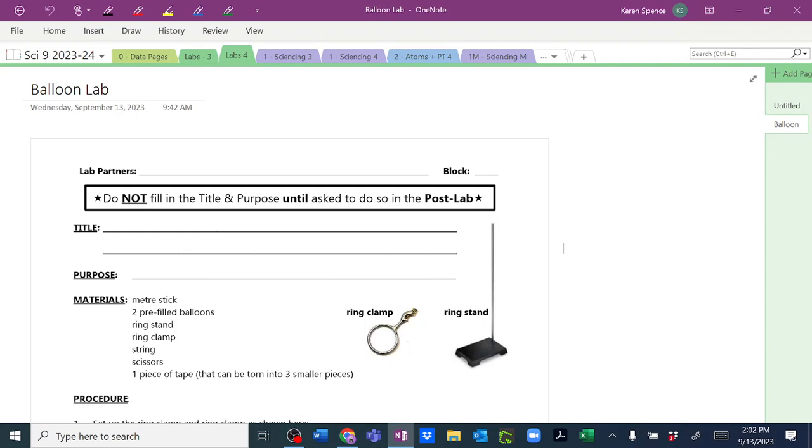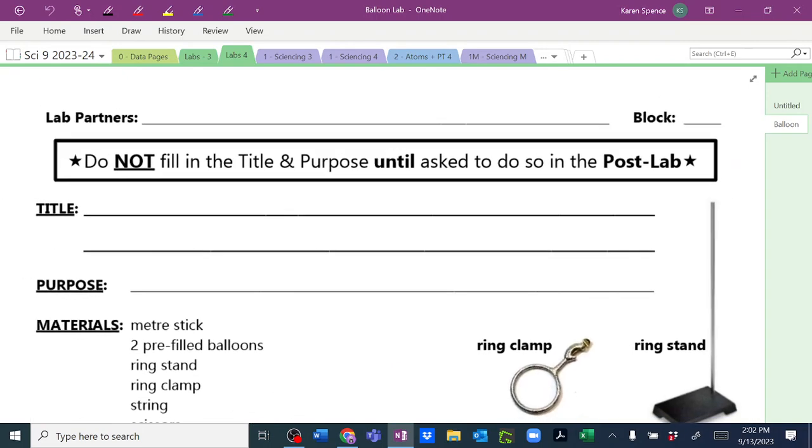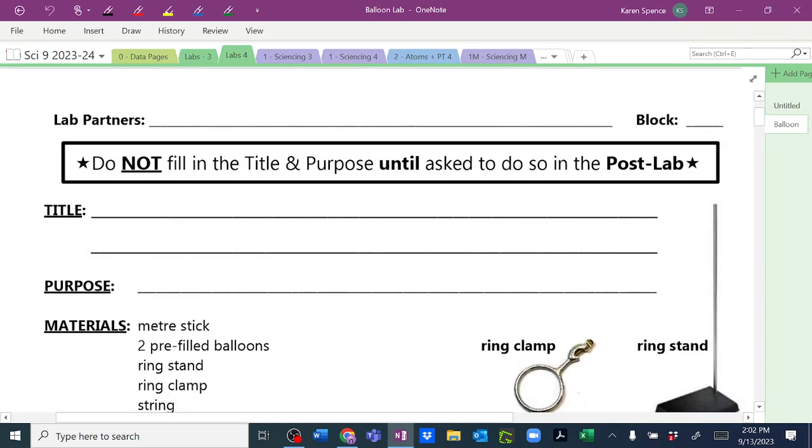Now, in the lab, I would like you to take a look at the box at the top. What does it say? It says, do not do what? Do not fill in the title and purpose until asked to do so in the post lab, because you need to experience this lab to know what it is about.